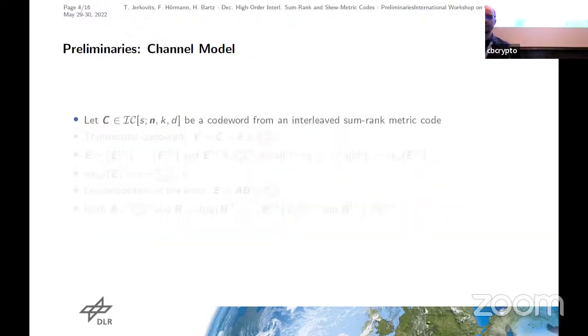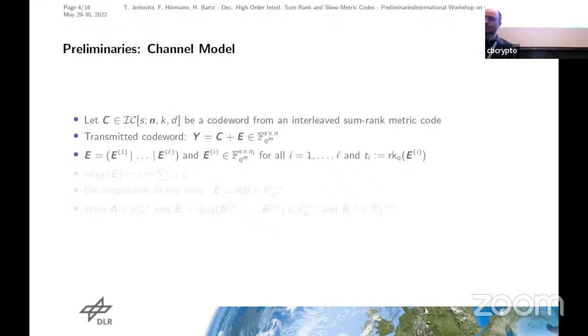Okay, so the next ingredient we need is the channel model that we consider. Let's assume again a code word from an s-interleaved sum-rank metric code. Then we transmit this code word over a channel, which is additive plus an error matrix. This error matrix can also be considered partitioned into blocks, where each block has rank t_i. So the ith block has rank t_i. And then, of course, the sum-rank weight of this error is t, so the sum over these t_i's equals t.